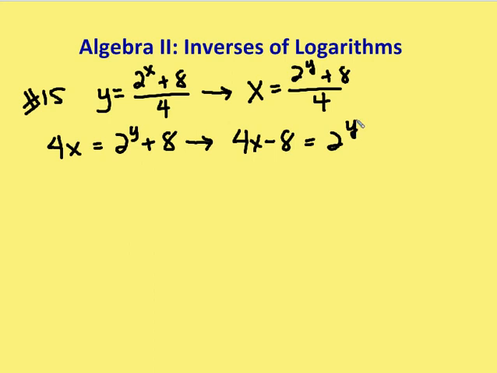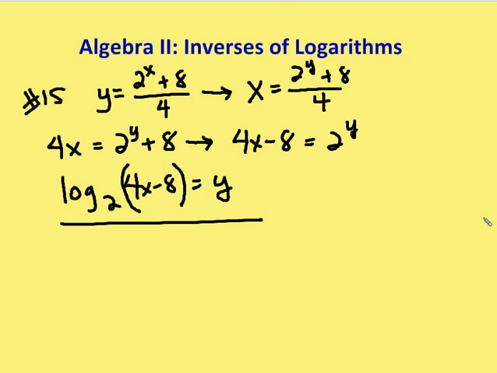At this point, the only thing I can do now to simplify or to solve for y is to take the log of the equation. And so I rewrite this in log form, and I get log with a base of 2 of (4x minus 8). And remember the parentheses. This is equal to y. And that is your answer.